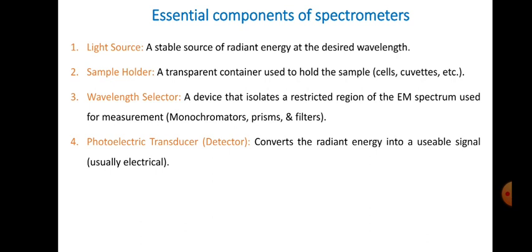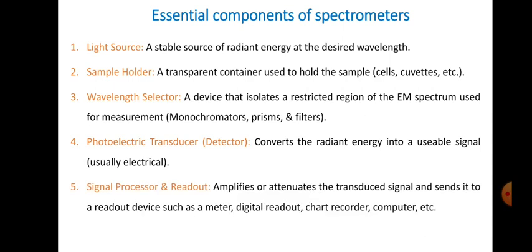Then we also require the photoelectric transducer, which we refer to as a detector, because the amount of light which is getting transmitted should be sensed by a particular device. So we get the amount of light which has been absorbed by the sample, and then it converts this radiant energy into a usable signal which we can understand.